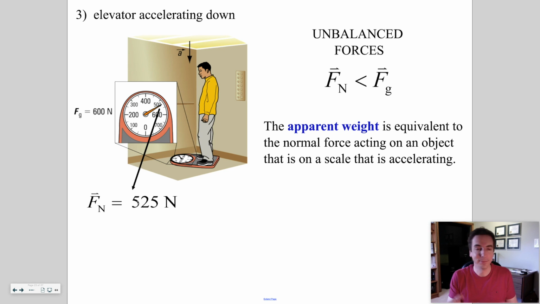While you're traveling up at a constant speed, that scale would read 600 newtons because you're moving at a constant speed. But when you reach the top floor, when the elevator is going to stop, it's going to slow down. So the scale will drop a little bit. So your apparent weight is a little bit less than your true weight. So what that looks like in a word problem is next.